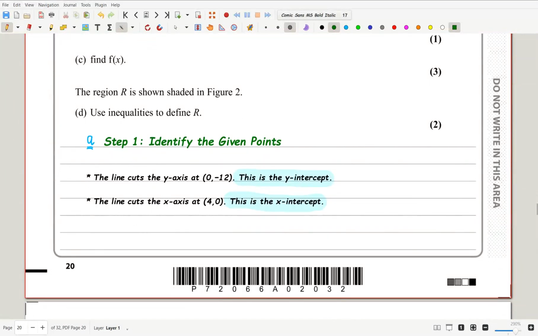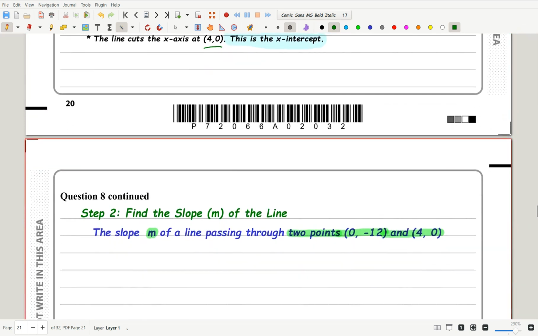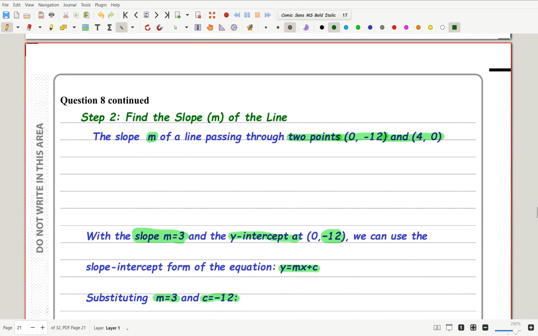So for part A, step 1, identify the given points. Given points we have (0, -12), (4, 0). This will help us to go to step 2 and find the slope m of the line. The slope m equals change in y, so 0 minus -12, by change in x, which is 4 minus 0, equals 12 over 4 equals 3.